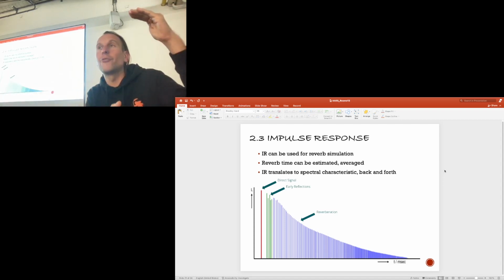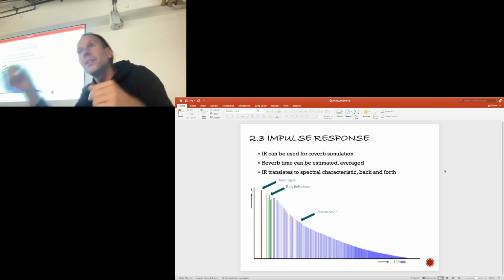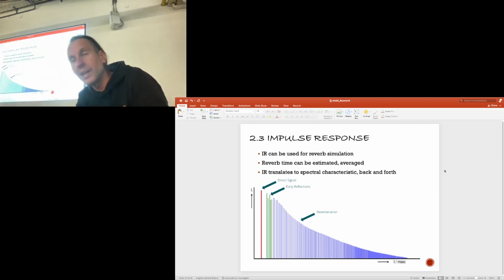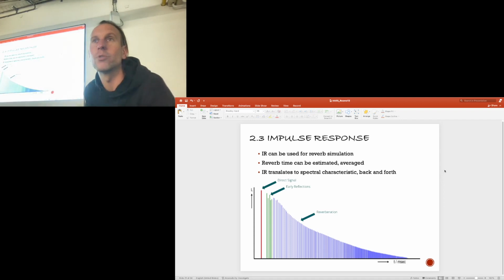But if I first add them together and then distort them, then I will get the intermodulation components as well. Okay? And this is something that holds for all nonlinear systems. So you see the order of operations is significant, right?